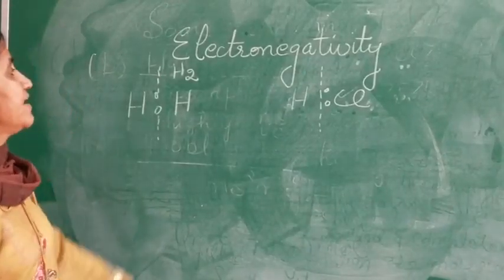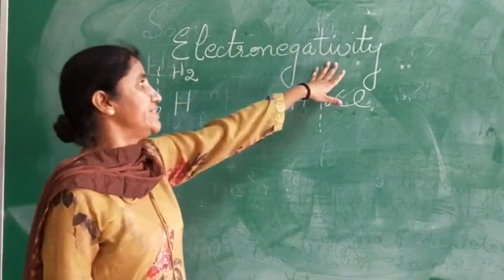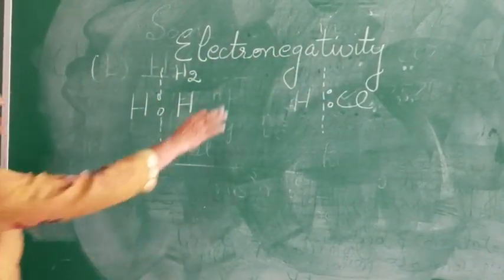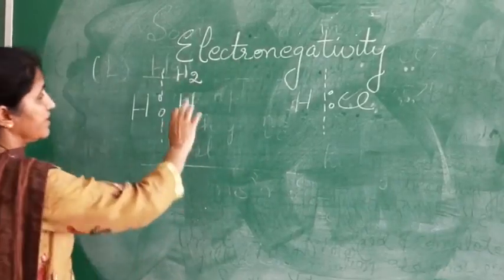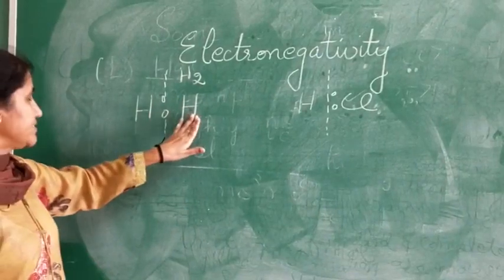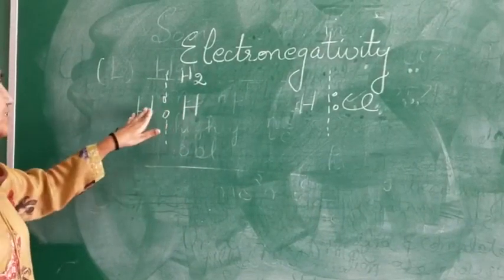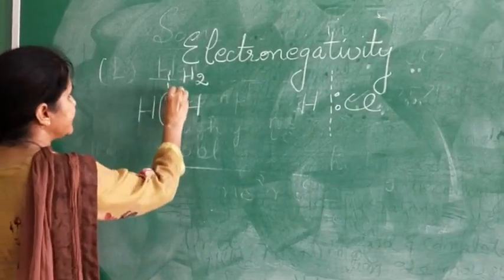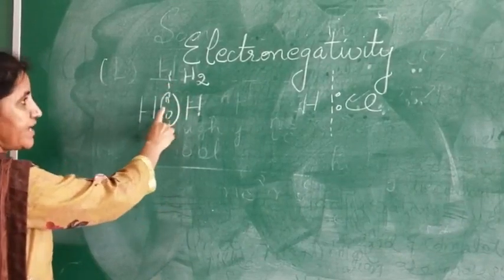Okay students, next come to the electronegativity. Now before coming to the definition of electronegativity, consider an example of hydrogen. This hydrogen molecule consists of two hydrogen atoms. Each hydrogen atom will share one electron. Now the shared pair of electrons will lie exactly midway of the two hydrogen atoms.